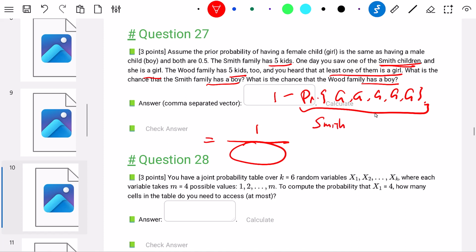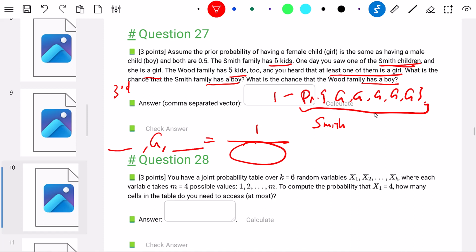So for the Smith family, we know one particular child is a girl. So suppose, let's say, the third one is a girl. So we know that the third child is already fixed. So how many possible arrangements there are?